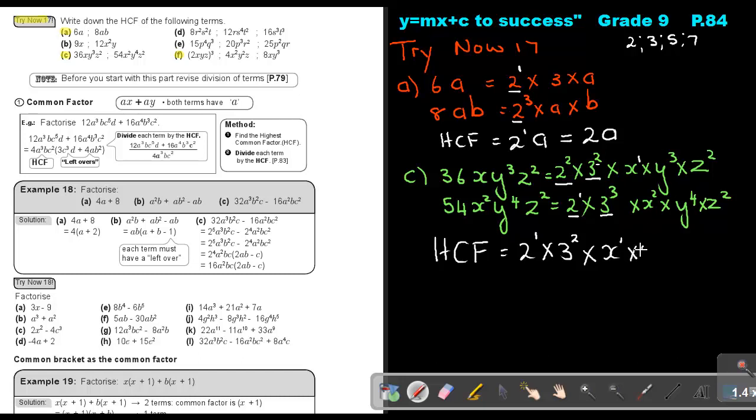Is y in both? Yes. What is the smallest exponent? 3. Is z in both? Yes. What's the smallest exponent? 2. So that's going to give me, remember, 3 times 3, that's 9, times 2, that's 18, and then x, y3, z2. That is my highest common factor.